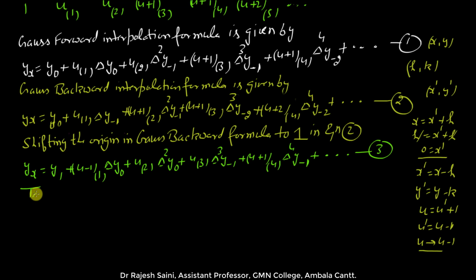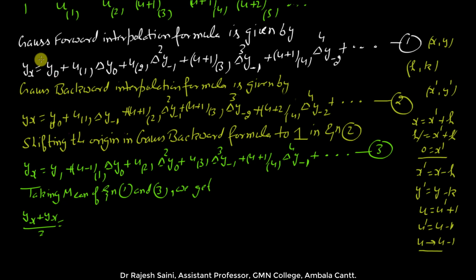Now taking mean of equation 1 and 3, what will we get? yx plus yx by 2. Now you will try to write term below the term, y naught plus y1 divided by 2 plus this and this.